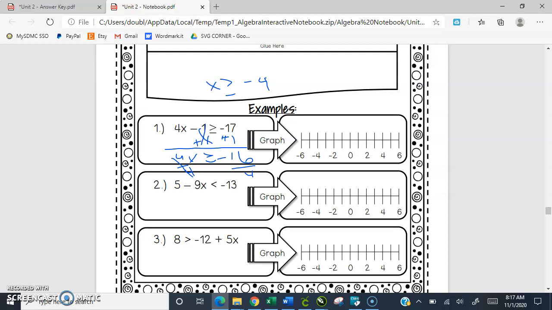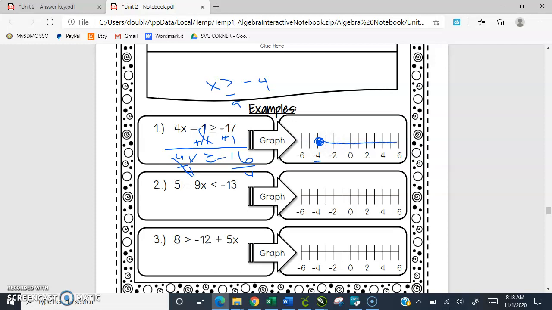Okay. Now since it's negative 4, we want to find that point where negative 4 is at. We want to draw a circle on it. So we have this sign here, which is greater than or equal to, and we're going to color it in because our notes tell us to.